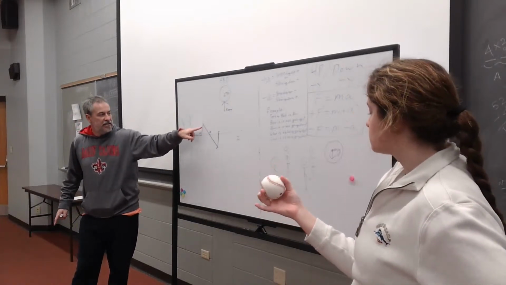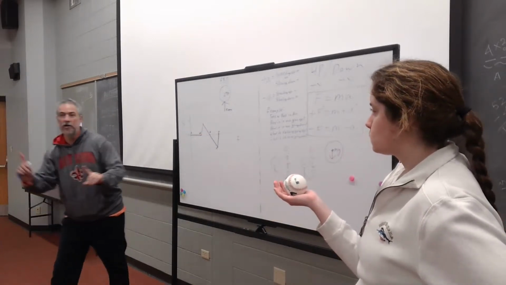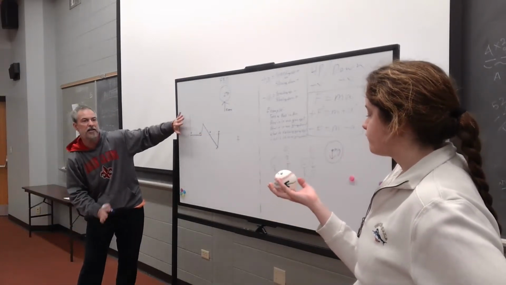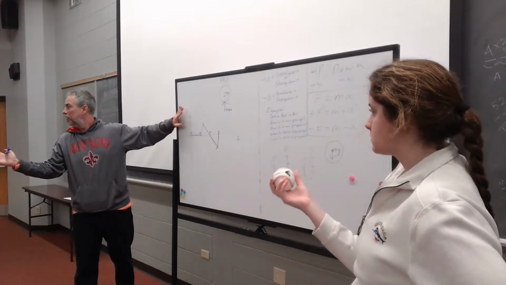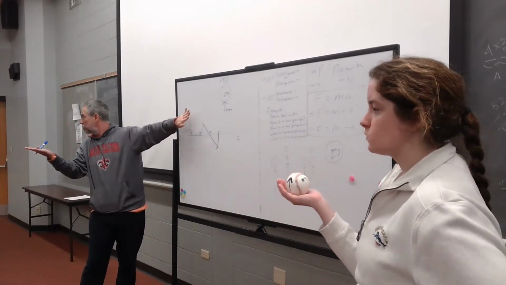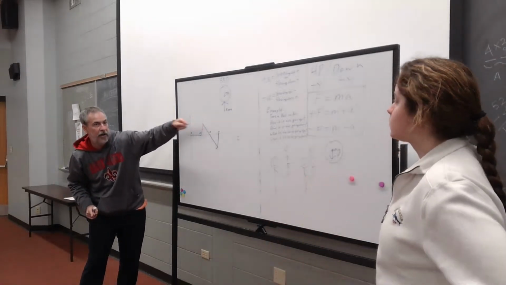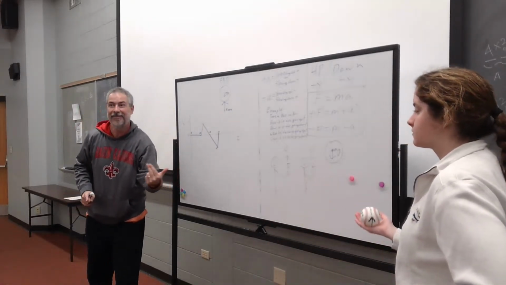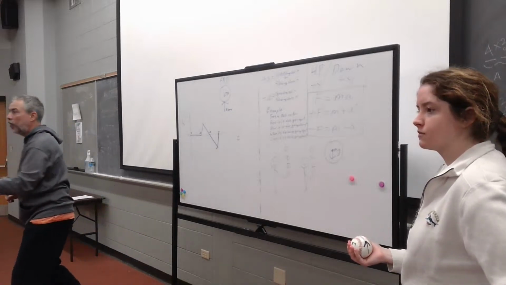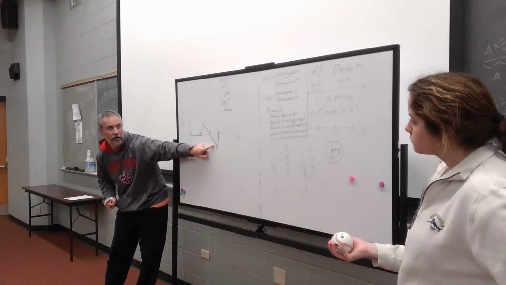The velocity is getting closer to zero, but it's still moving up. And the reason you know it's moving up is because we're in positive land. If we're above the zero, that means we're moving in the positive direction. So do not think that because the trend is going down that the ball is going down. Does that make sense? The ball only starts to go down from here on.